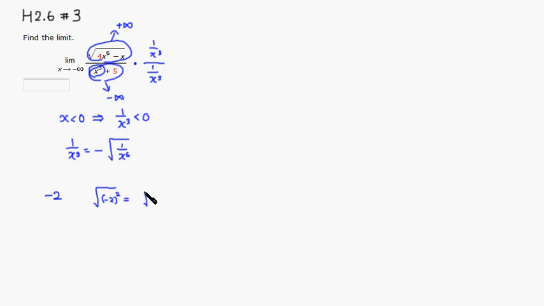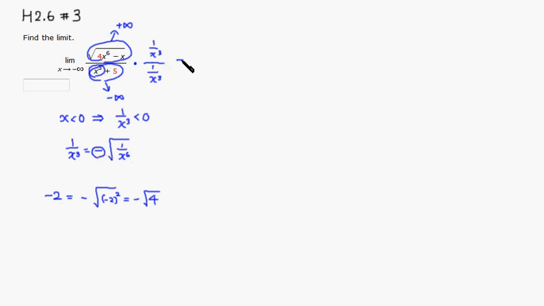But the square root of negative 2 squared is the square root of 4, and the square root of 4 is just positive 2, not negative 2. So we have to make sure this is equal to the negative of that, which gives you negative 2. That's why you have this negative sign. But anyway, let's do that.